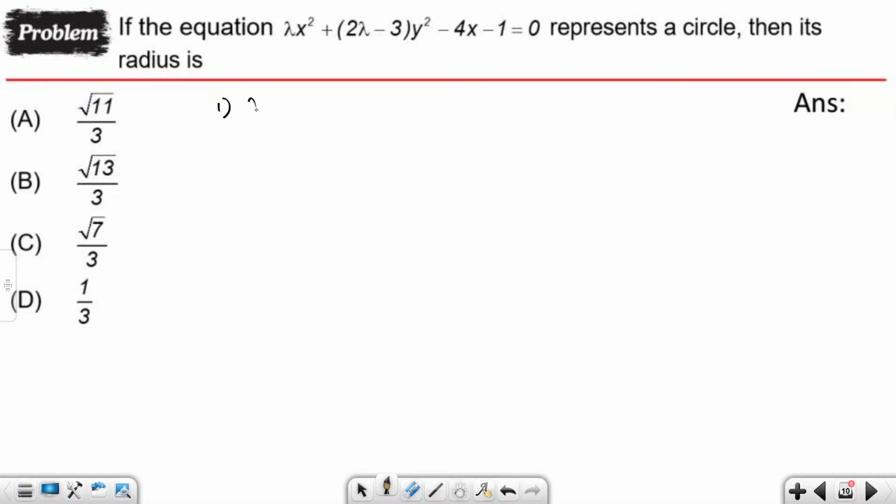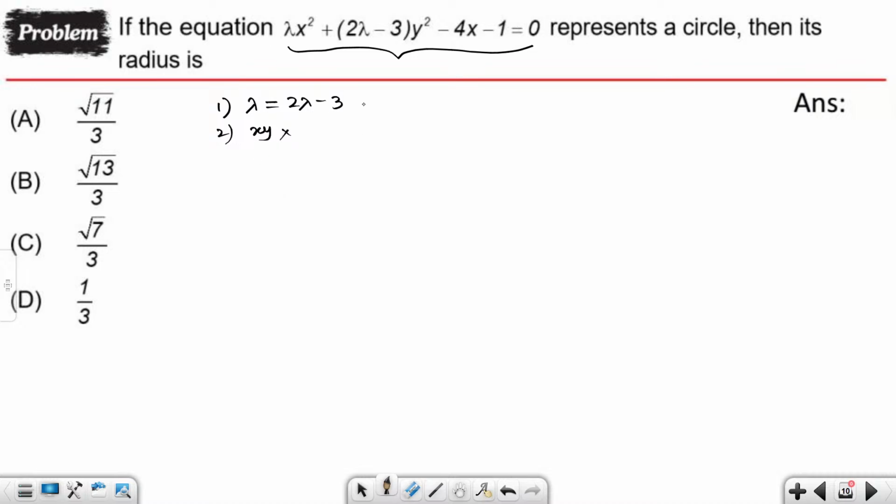In this case, the coefficient of x square is lambda, which is equal to the coefficient of y square, which is 2 lambda minus 3. And second was what? There should not be any term containing xy. But in this question, there is no term containing xy. So don't consider this condition here.